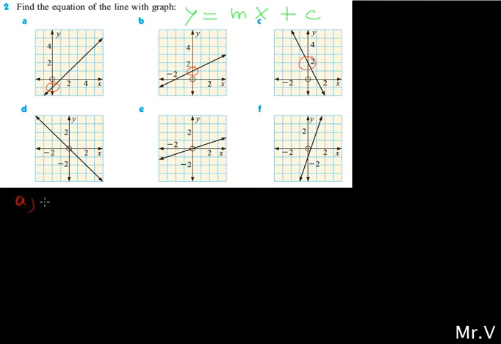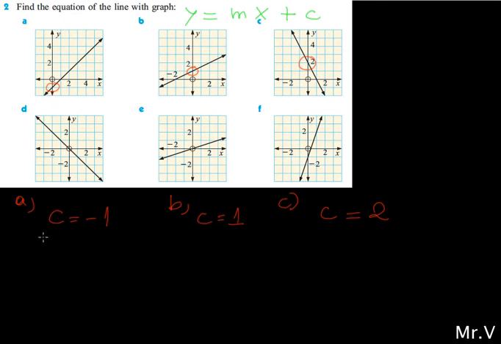For A, B, and C, my y-intercept in this case is -1. In the second case it's +1, and here we have that my y-intercept is +2. So now the question is, how do I find the slope or the gradient just by looking at the graph?